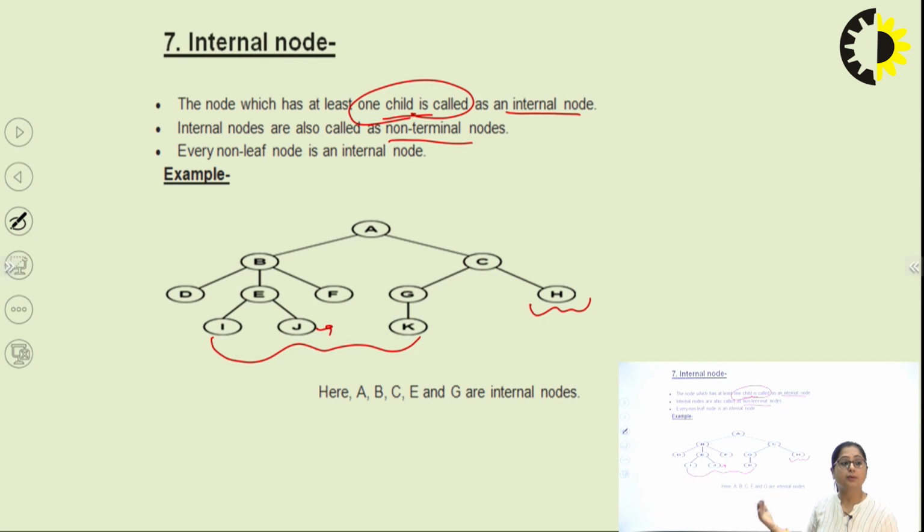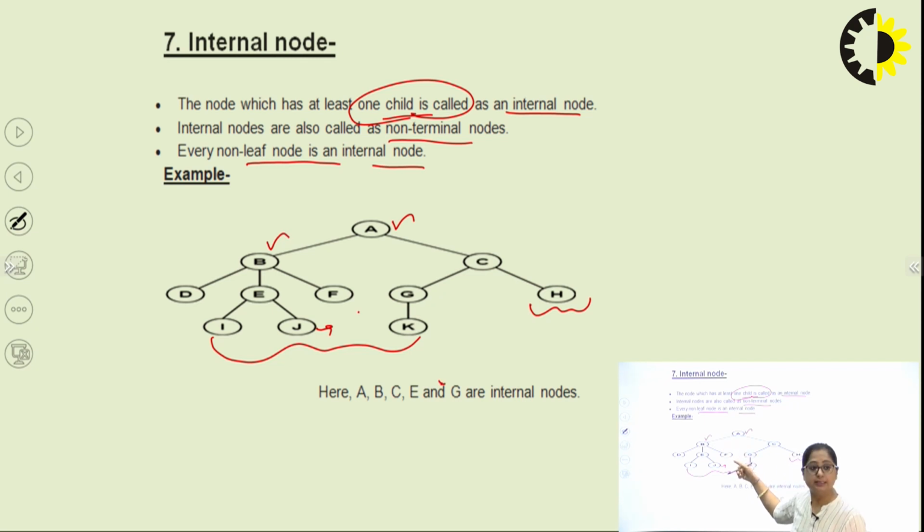And what are non-terminal nodes? Those which don't terminate. That means which have some child, either one child or two children. Every non-leaf node is an internal node. So A has two children, A is an internal node. B has children, B is an internal node.